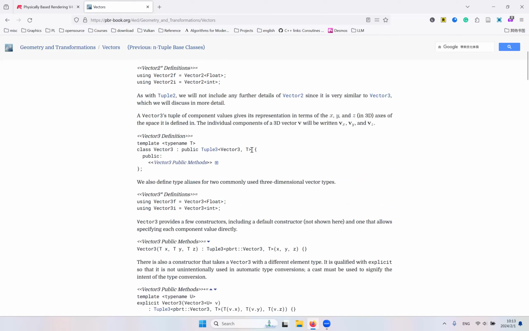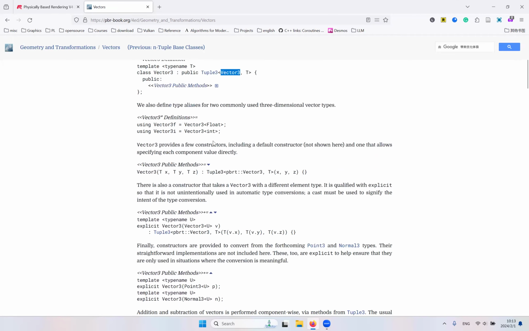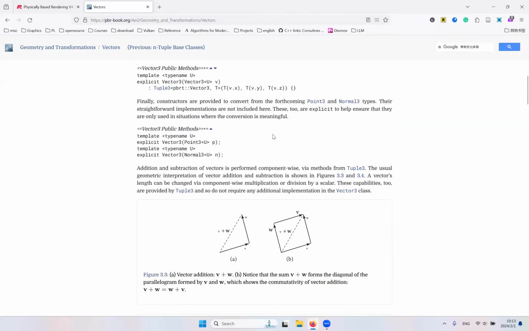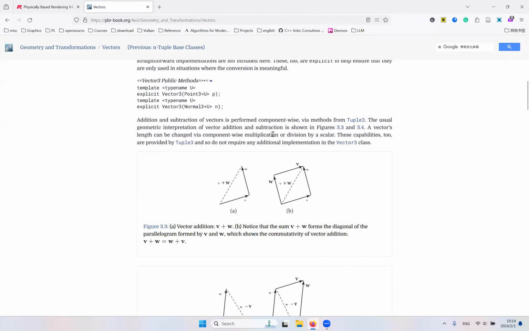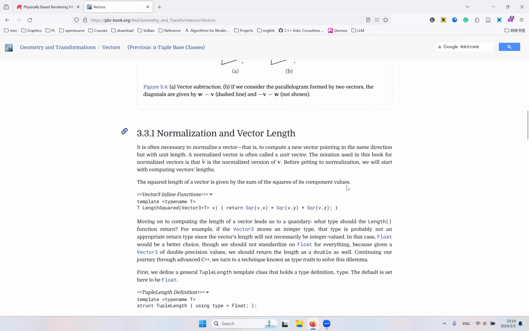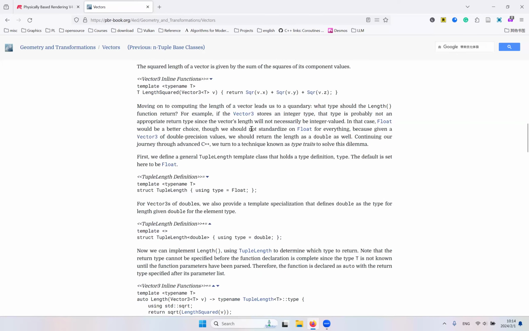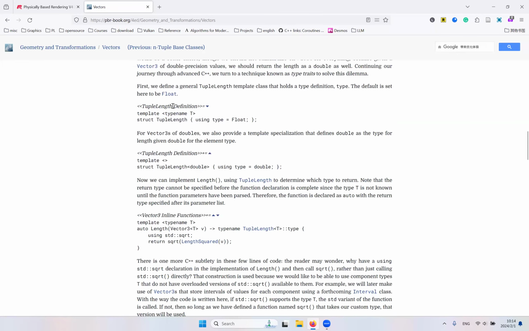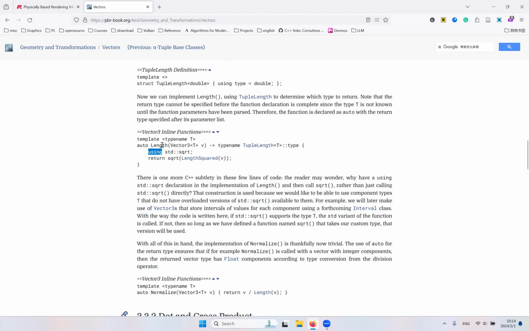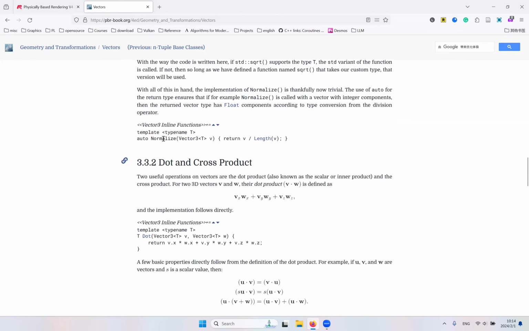This is quite like how I implement the stuff in my math library. I also use CRTP in a very similar style. Those are lengths, just very common functions for vectors.